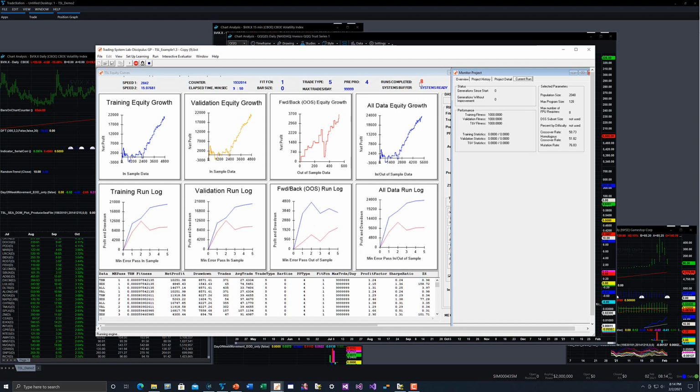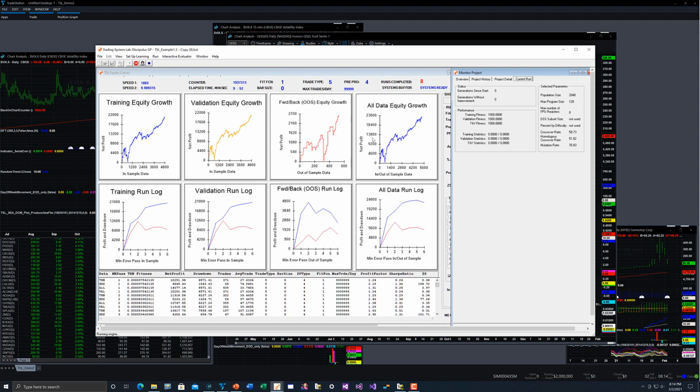So that completed that run, and Trading System Lab behind the scenes started all over again, re-randomizing criteria and beginning the run all over again. That is one of the robustness techniques that helps Trading System Lab crawl up to a more global optimum in the way it's looking for solutions within the entire solution space. So it's not a single run process.